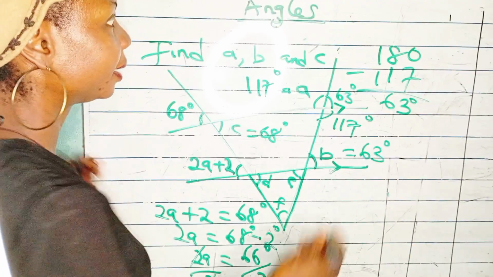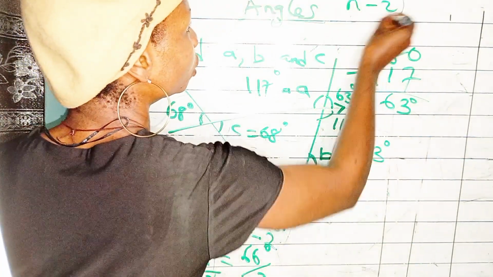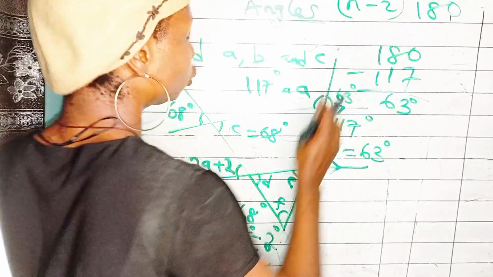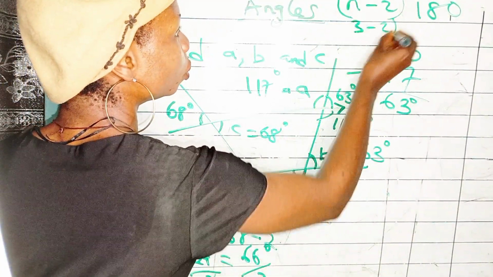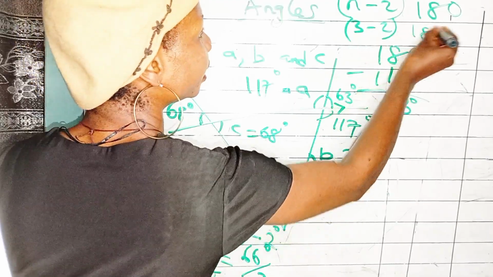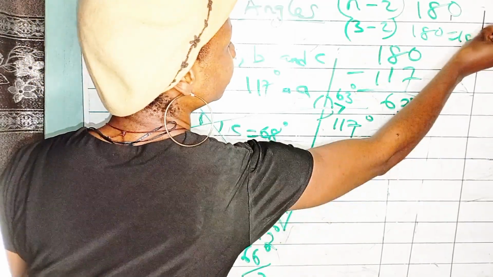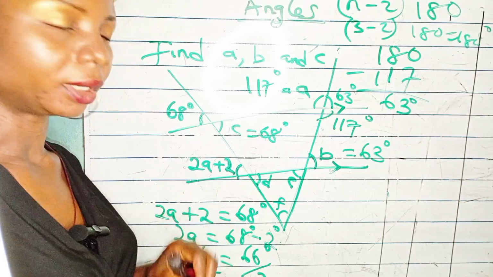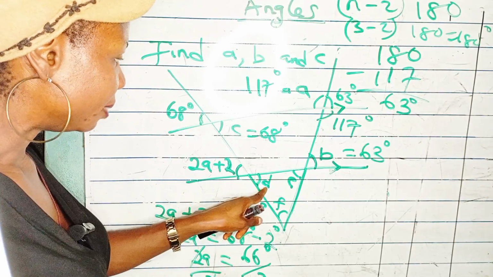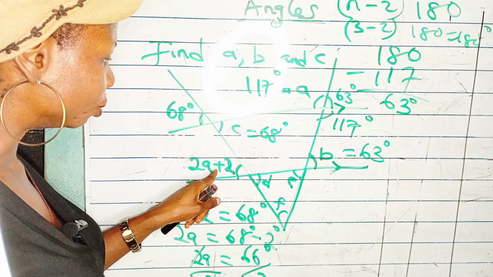Going by the formula, n minus 2 times 180. A triangle has three sides. 3 minus 2 is 1. 1 times 180 is equal to 180 degrees. So that means the sum of the interior angles of a triangle is 180 degrees.